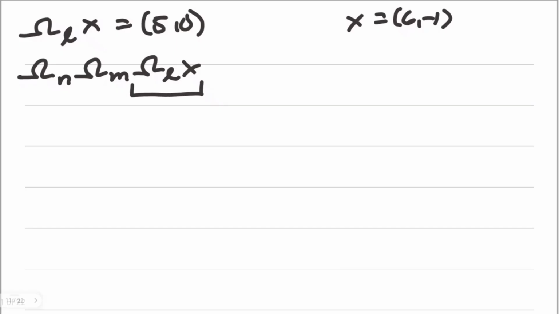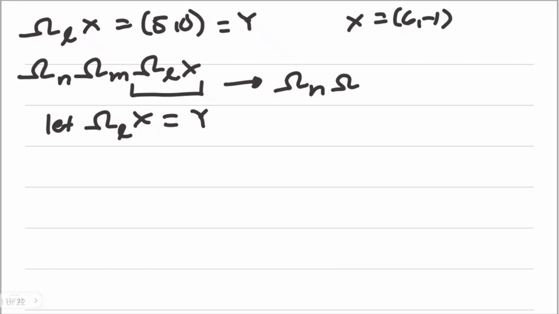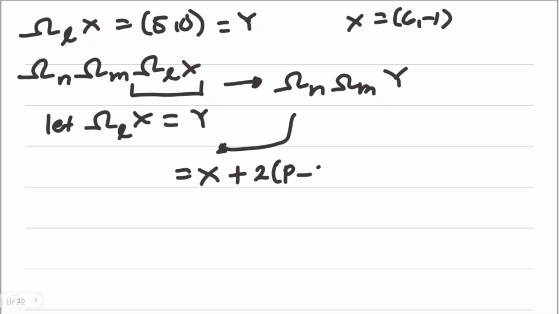The next part is actually to complete this process, the 3 reflections, where we consider this as 1. So if we're going to let the said reflection be y, what we have here is just the notation for translation of your y along line M rather. Okay, and for that we have the formula for the translation. We have actually x plus twice p minus q.